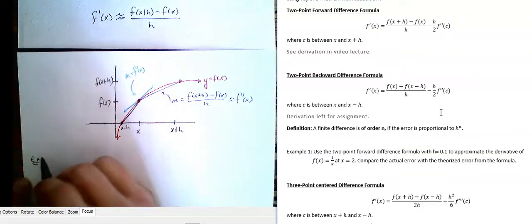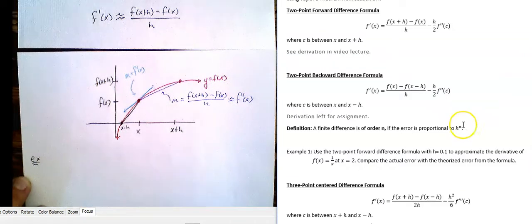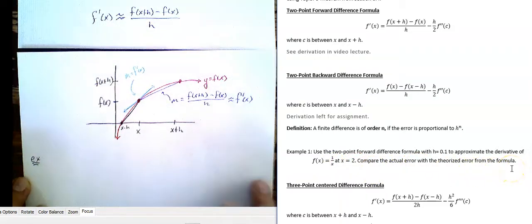So example 1, we want to use the 2-point forward difference formula with h equal to 0.1 to approximate the derivative of f of x equals 1 over x at x equals 2. You want to compare the actual error with the theorized error from the formula. So let's do that. The first thing that we need to do is calculate that forward difference, right?